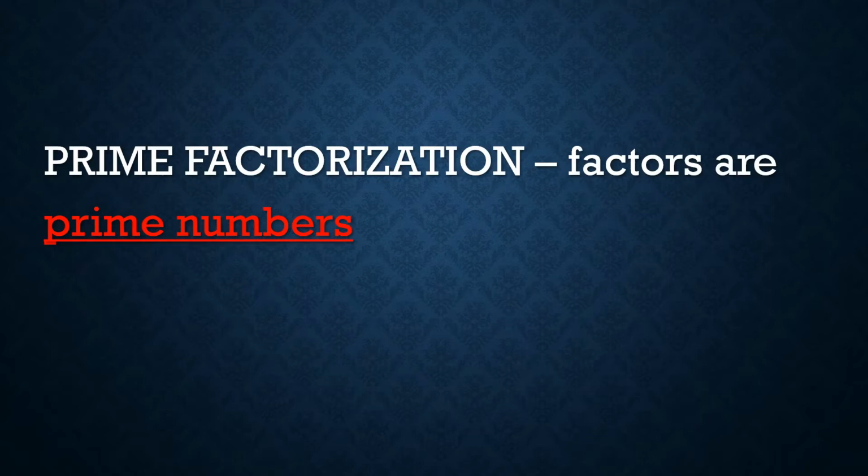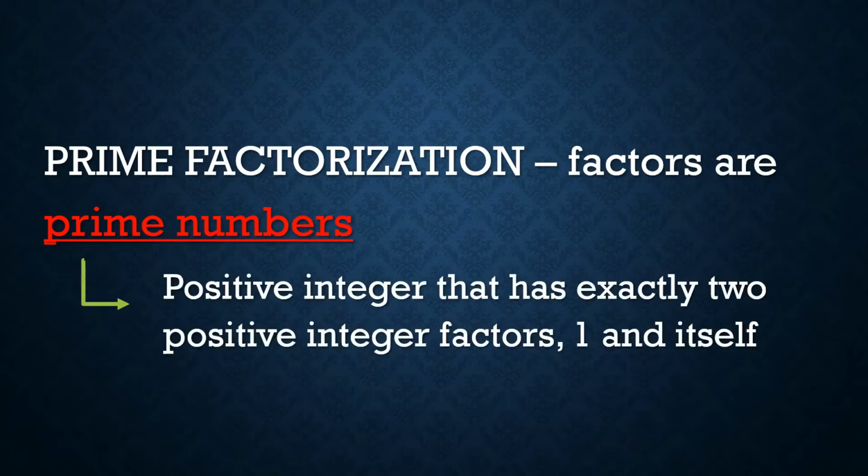So, another concept naman tayo sa prime numbers. So, pag sinabing prime numbers, it refers to the positive integer. Prime numbers refers to the positive integers greater than 1 that has exactly 2 positive integer factors, 1 times itself. So, wala ka nang ibang maiisip na factor than 1 times itself.